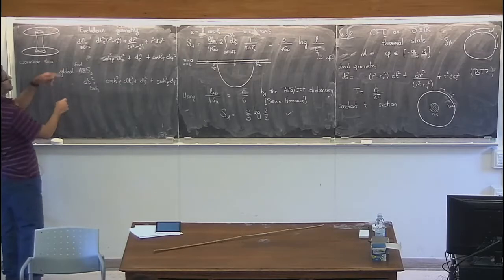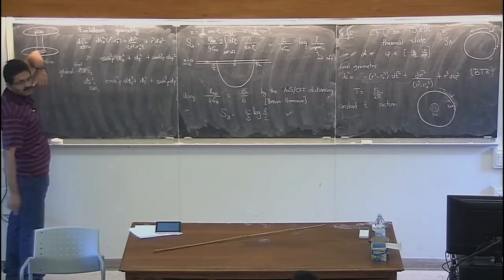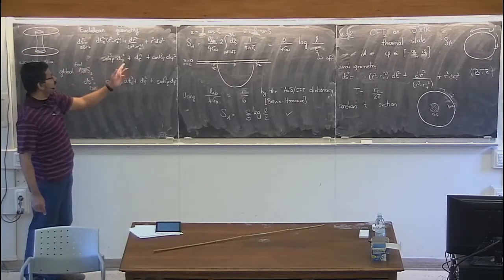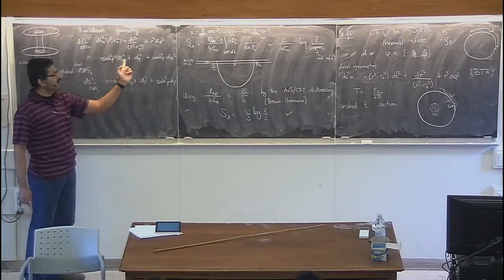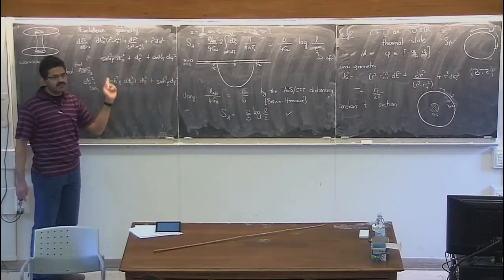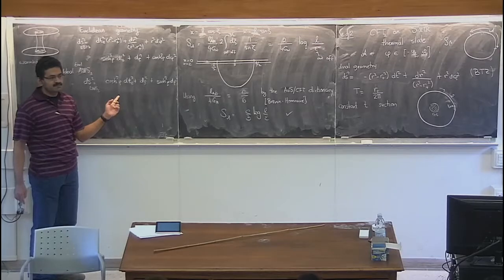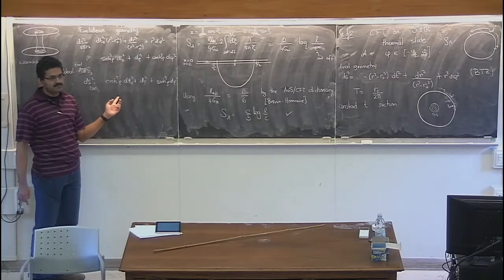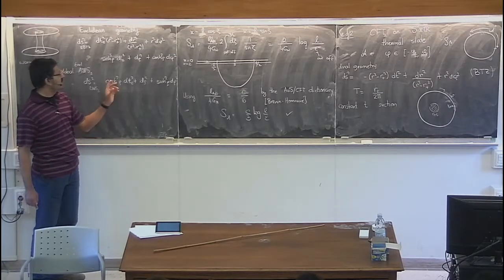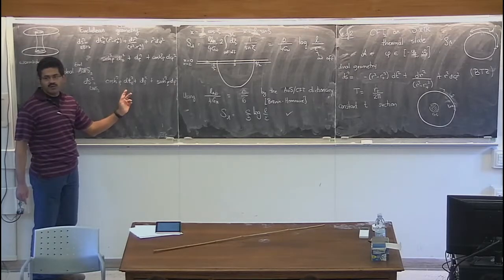That is, to go from this solution to this solution, I just have to swap the meaning of Euclidean time and Euclidean angle, because these metrics are the same. They're identical metrics up to an identification of what you mean by time and what you mean by space.